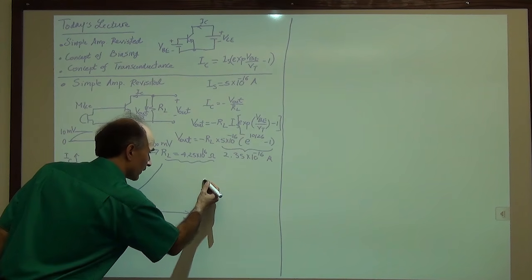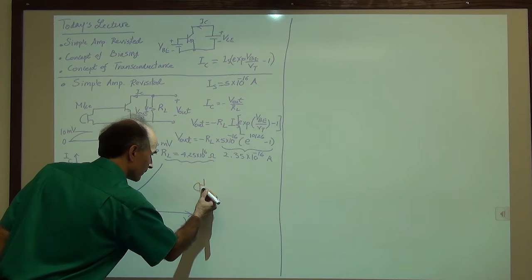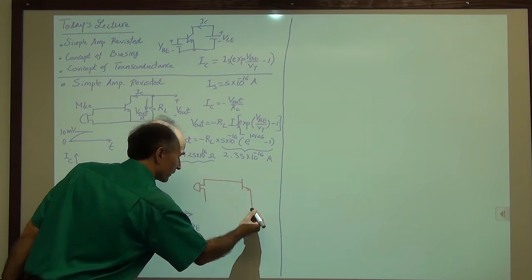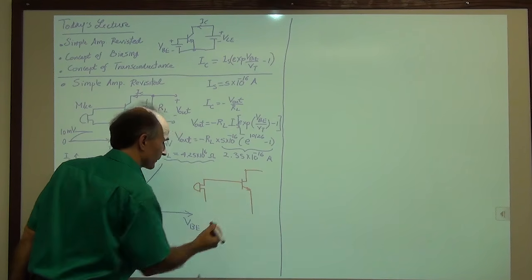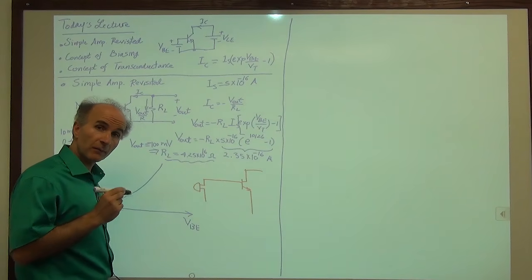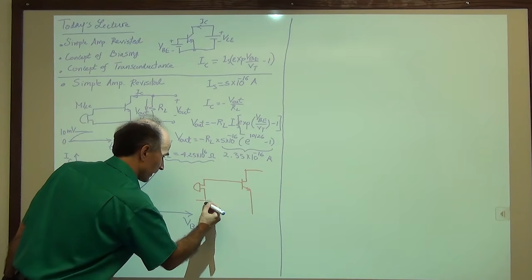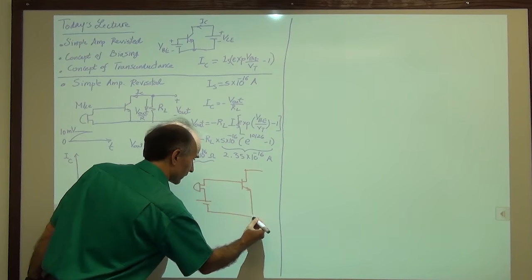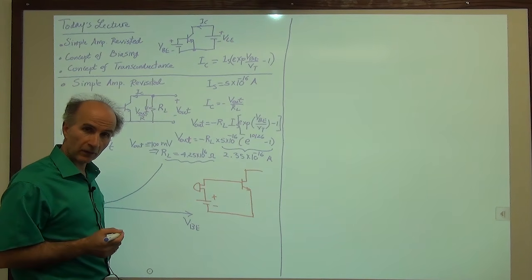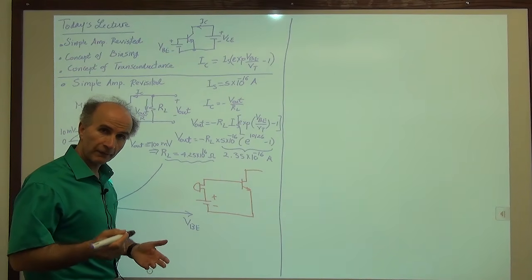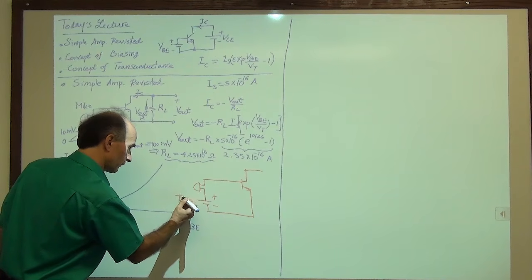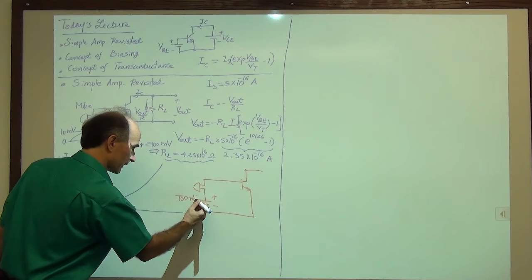We take the microphone, and it's going to the base emitter of the transistor, but I will place a battery in series with the microphone. So here's a battery, and I connect it like so. And I pick some constant value for this battery, let's say 750 millivolts as an example.